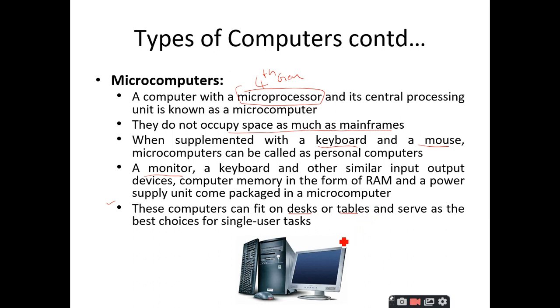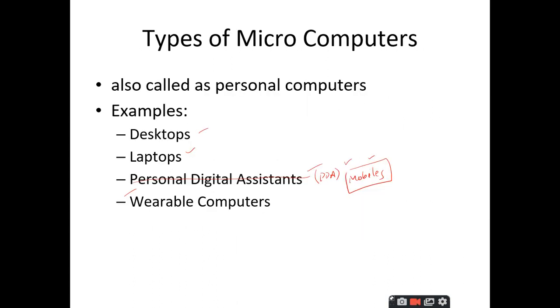That is the reason why we call them desktop systems, and they serve the purpose of single user tasks. One person can make use of these microcomputers. We have seen the examples also, like desktops, laptops, personal digital assistants, wearable computers. Like that we can give a lot of examples for these microcomputers. Clear?